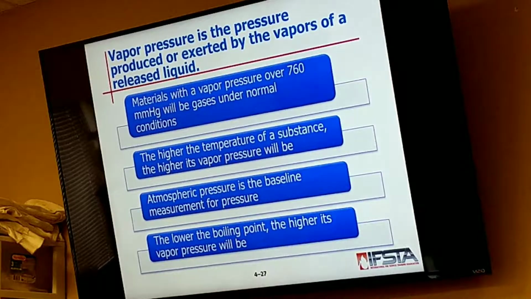Vapor pressure is the pressure exerted by a saturated vapor above its own liquid in a closed container. It's the pressure produced or exerted by vapors as they're released from the liquid.